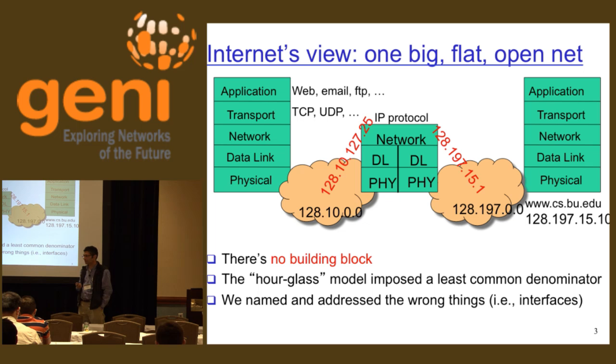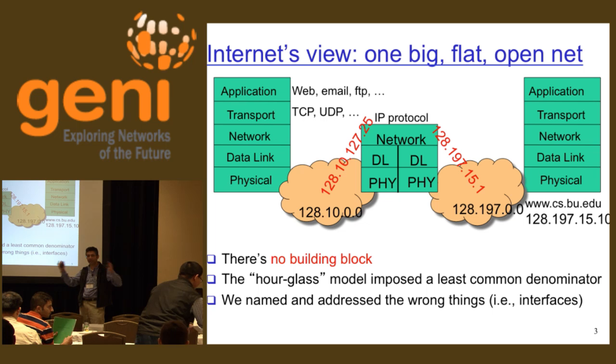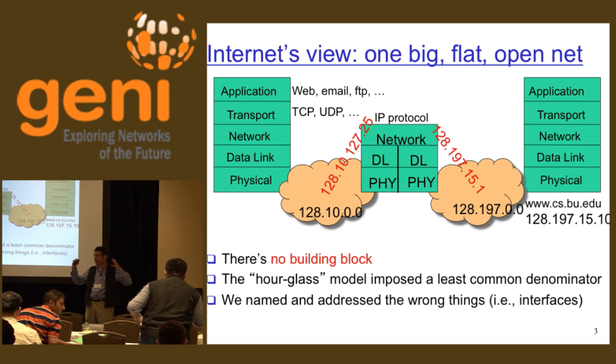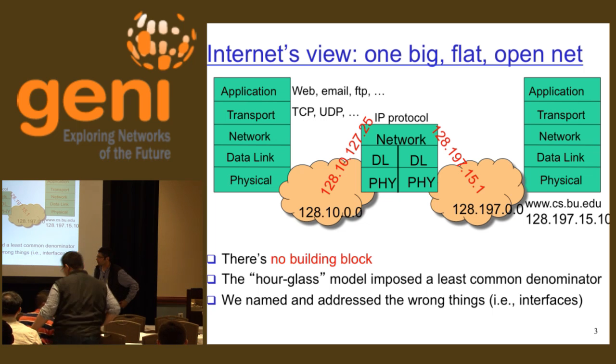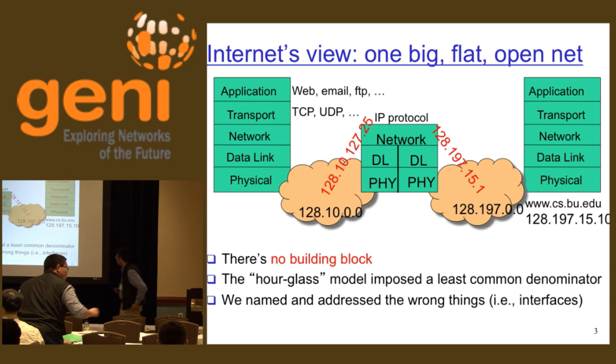My favorite analogy is a Lego piece. You want to have Lego pieces of different shapes and colors, but it's still a Lego piece, and we fit these Lego pieces together to form bigger blocks, in our case, wide area network services.